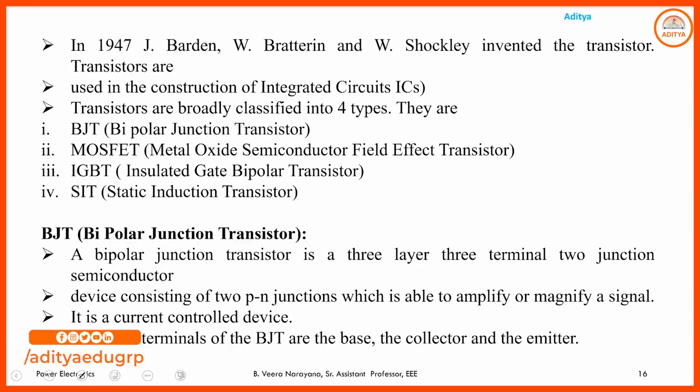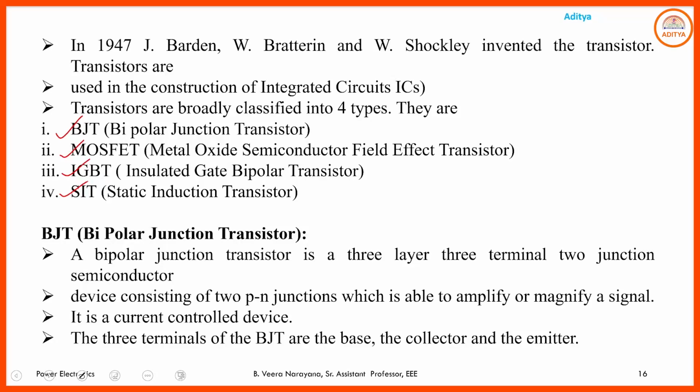Transistors are mainly classified into four types: BJTs, bipolar junction transistors; MOSFET, metal oxide semiconductor field effect transistor; IGBT, insulated gate bipolar transistor; and SITs, static induction transistors. In our curriculum we have BJT, MOSFET and IGBT, so we concentrate on these three transistors.